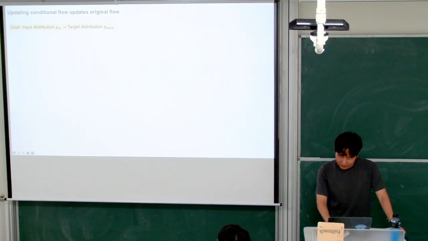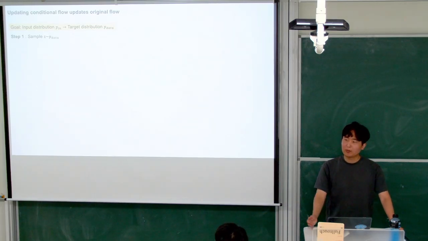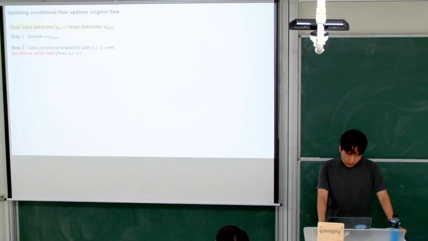So we are almost done. I will just briefly tell you the overview of flow matching. Our goal is to transform the initial distribution to the target distribution, as I told you continuously. First, we sample many points from the target distribution.